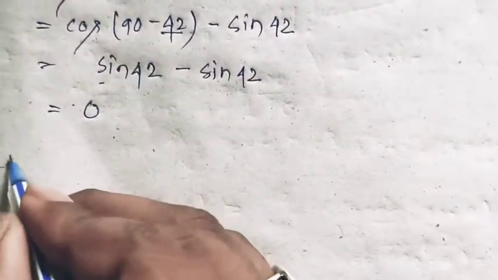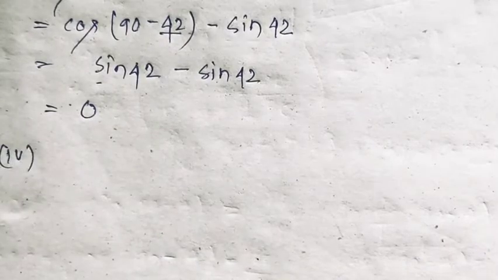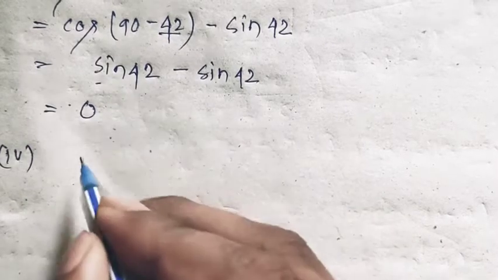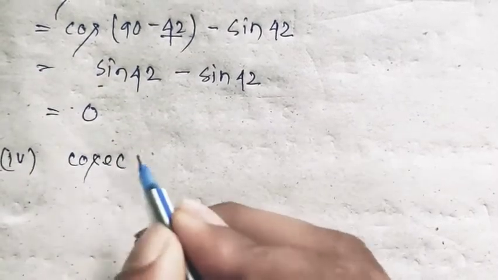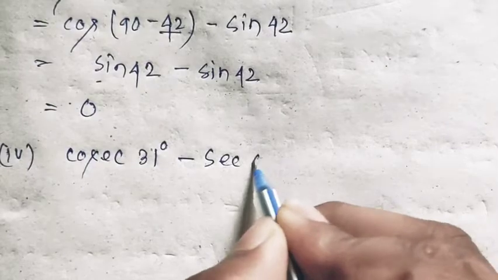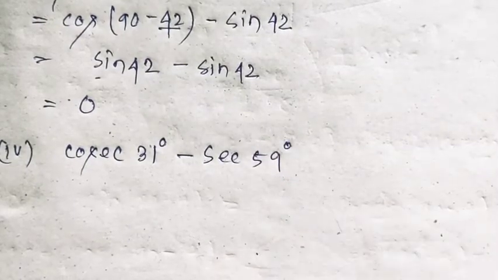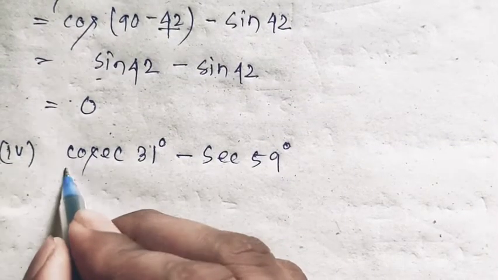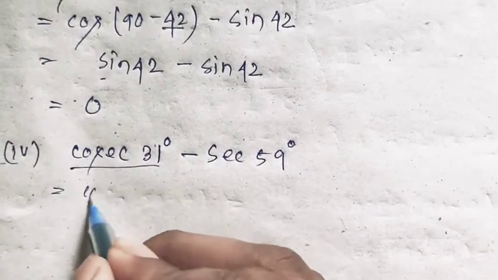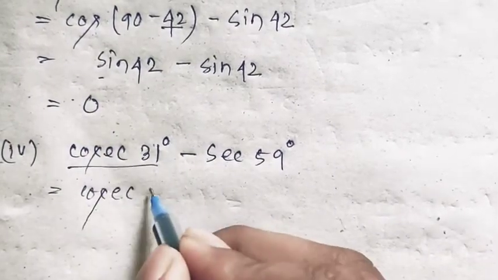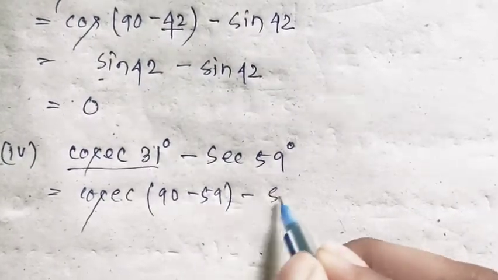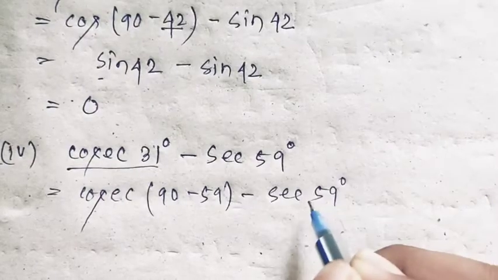Okay, we will go to question number 4. Question number 4 is given that cosec 31 degree minus sec 59 degree. So here cosec 31 degree is given, so I can write cosec 31 as cosec (90 minus 59) minus sec 59 degree.